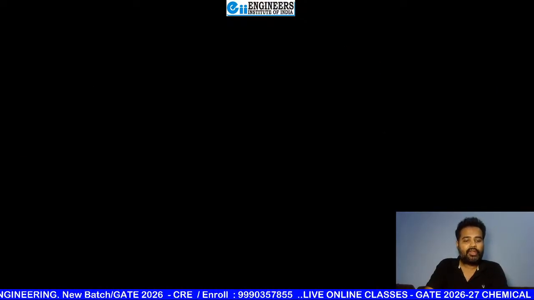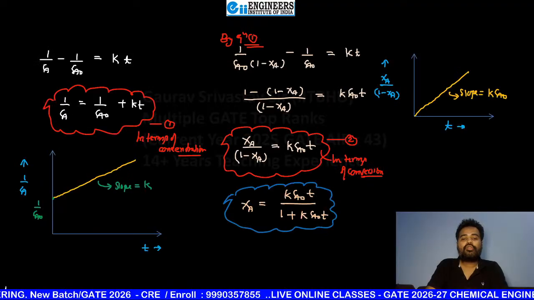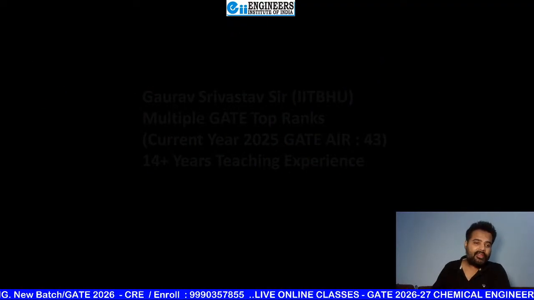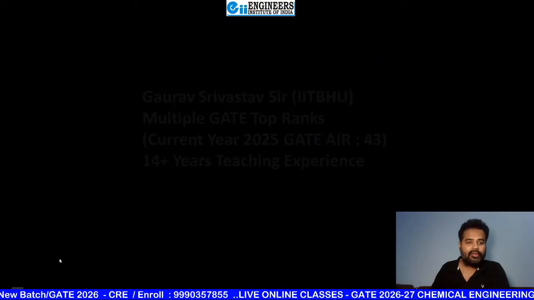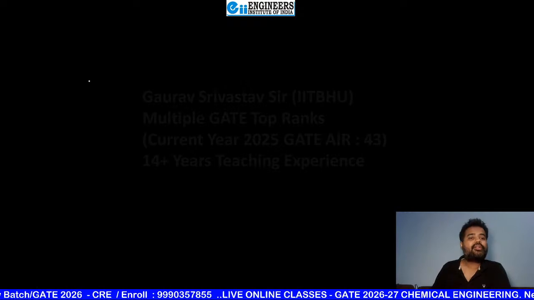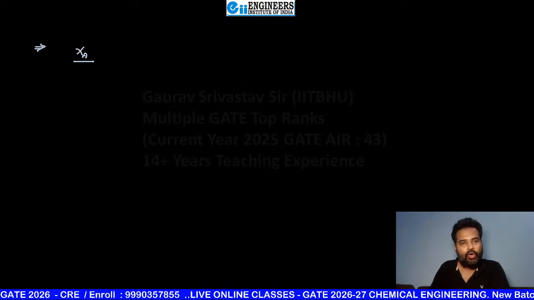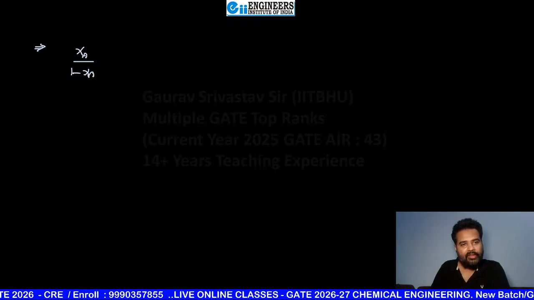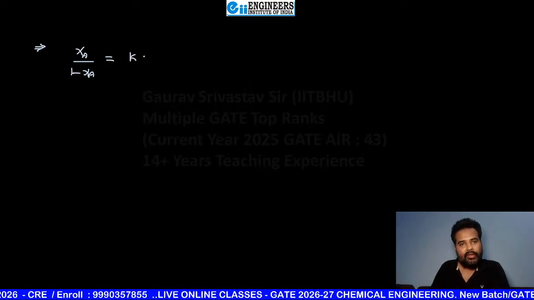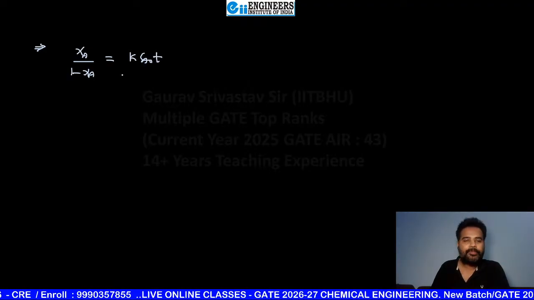See, one more slide added for you. So we have xa upon 1 minus xa equal to k ca naught t.